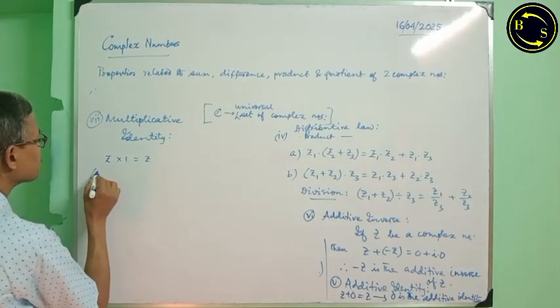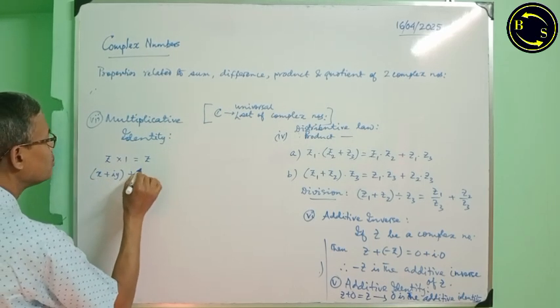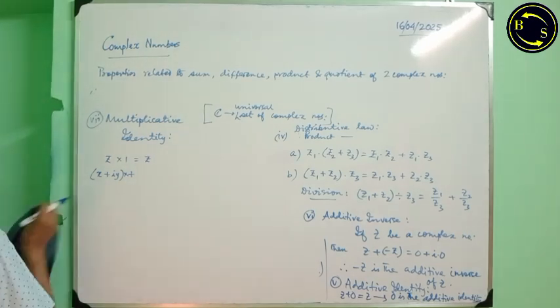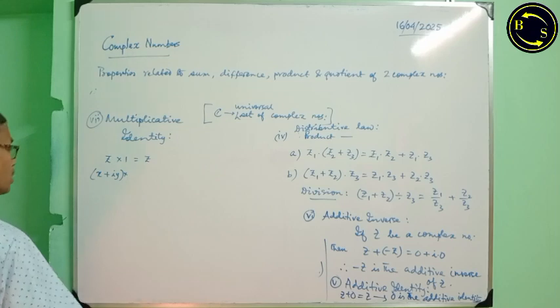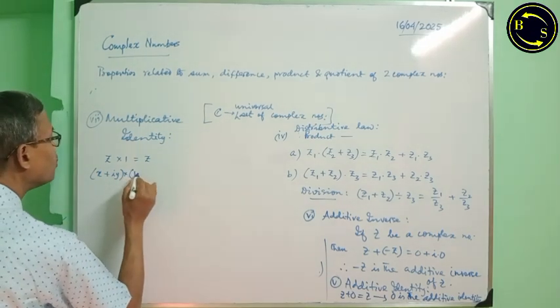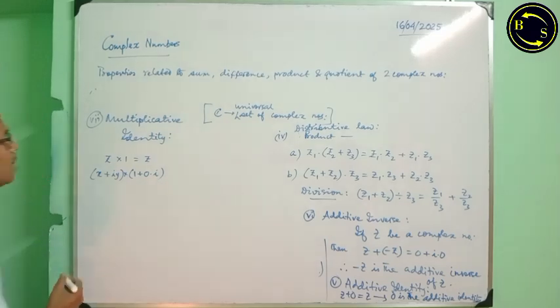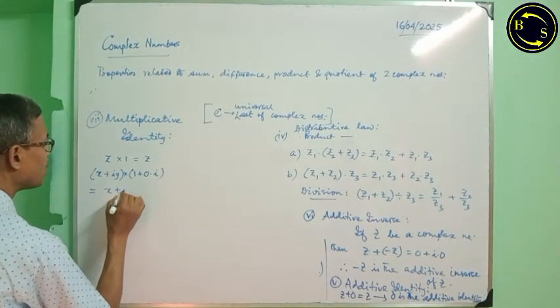Z say x plus iy, and this is 1 plus i. 1 can be written as 1 plus 0 into i. The result will be x plus iy.